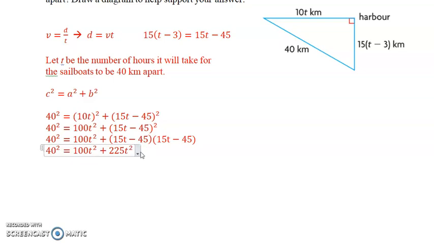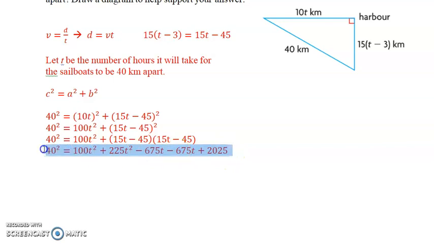Minus 675t again, and 45 times 45 gives us 2025, positive 2025, because negative times negative is positive.